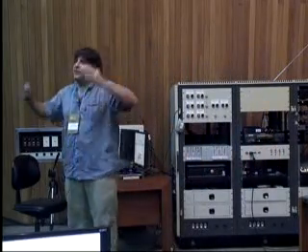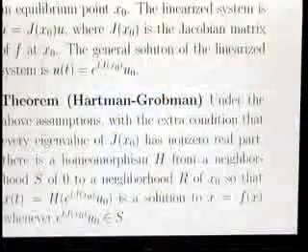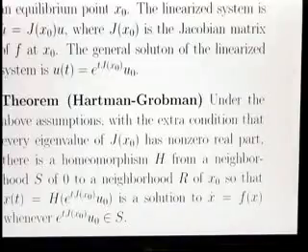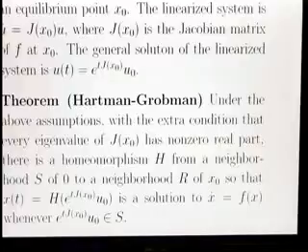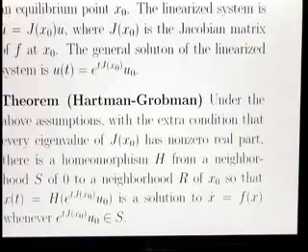Here we go. So the big theorem, sort of the super theorem, maybe the ultimate theorem in linear stability analysis is the Hartman-Grobman theorem. So let me state it carefully. Let me also state it generally. You have an autonomous system, x dot is equal to f of x, a nonlinear system, and you have an equilibrium point x0.